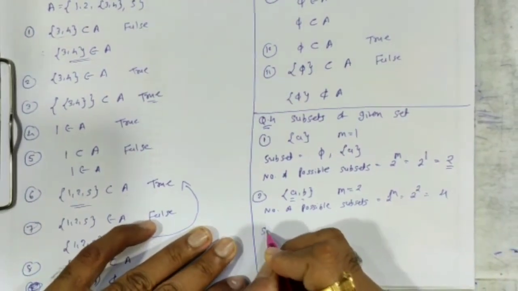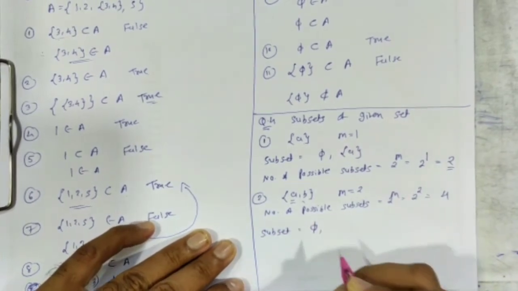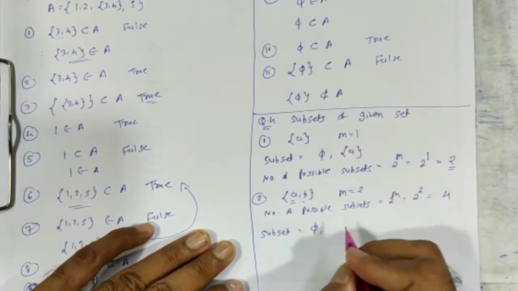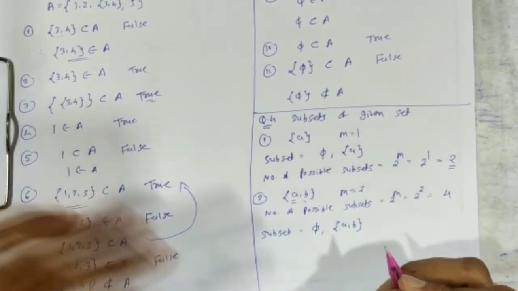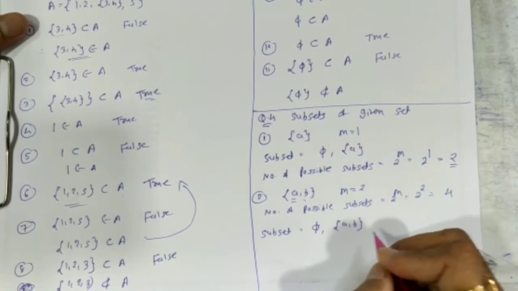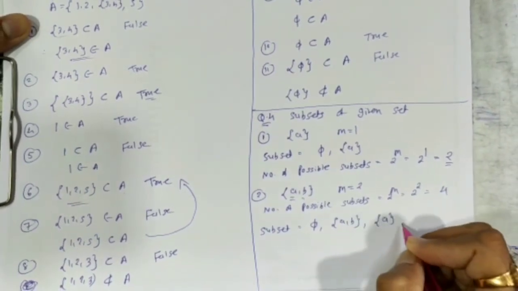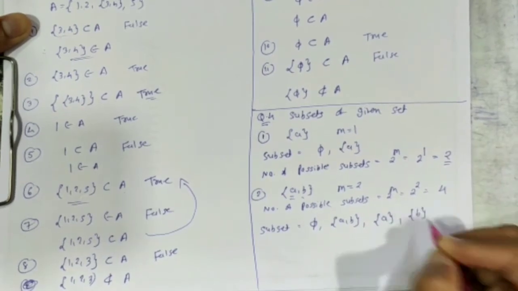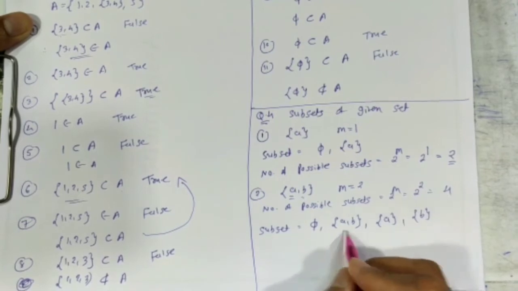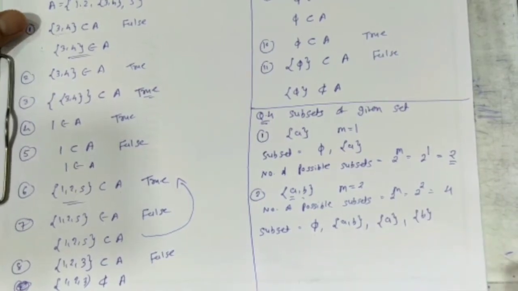So subsets are, first you have to write null set. Null set is the subset of all the sets, and set itself is the subset of set, and we can also write one set with one element. So it's a set A, and another is set with element B. So 1, 2, 3, and 4. Total 4 possible subsets are there. Clear? Now question number 3.